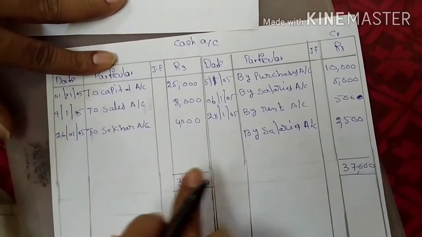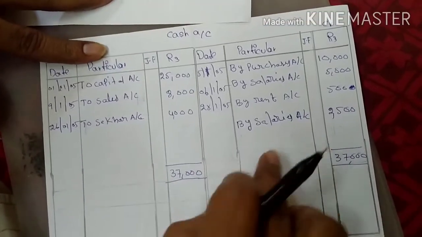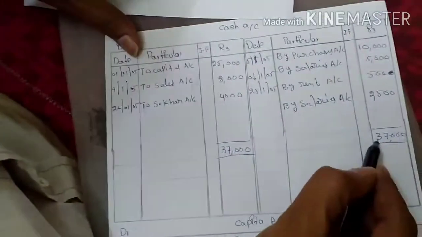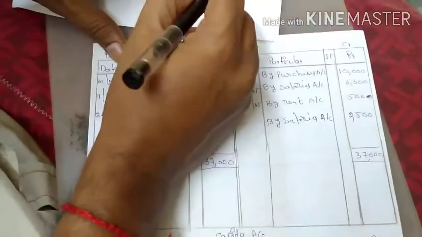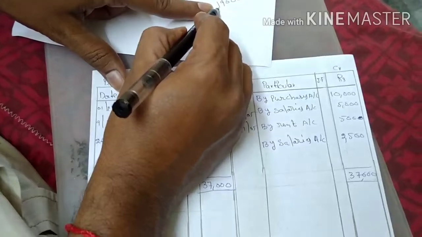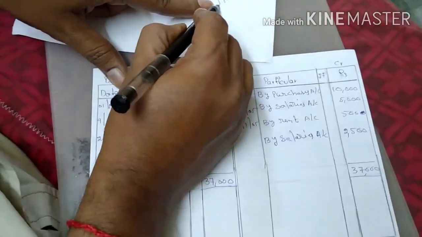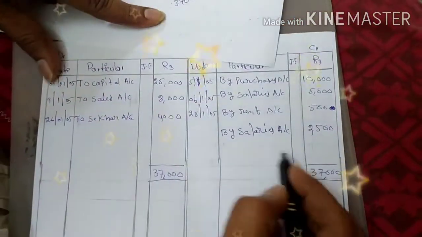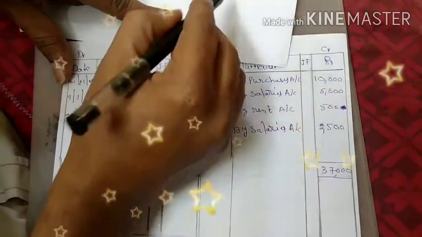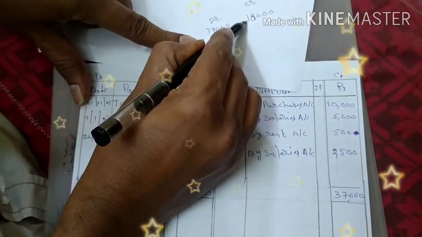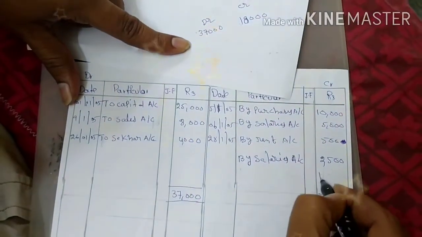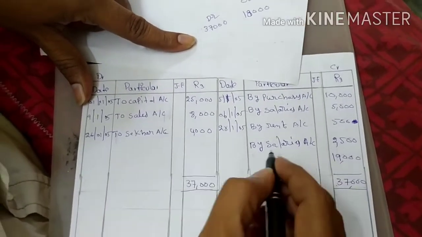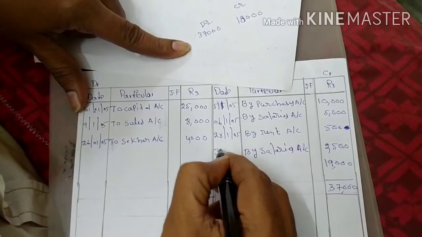Next, whichever side is lower in amount, that means the credit side here, we take 37,000 minus the credit side total of 18,000, which is equal to 19,000.